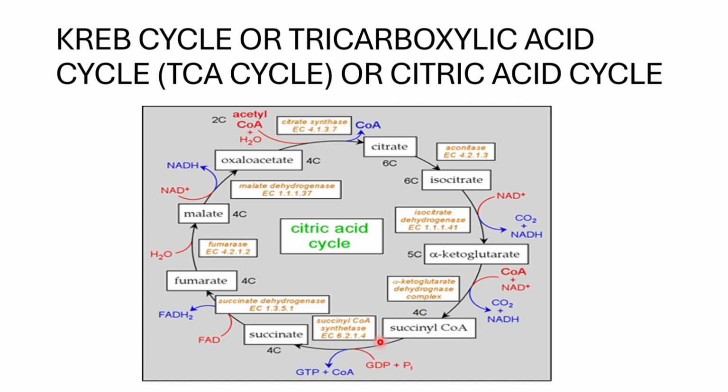You get it? So now what happens here is succinyl-CoA will be converted to succinate. They are all 4 carbon compounds, but this process is catalyzed by an enzyme called succinyl-CoA synthetase.